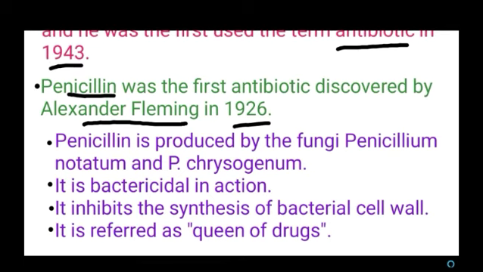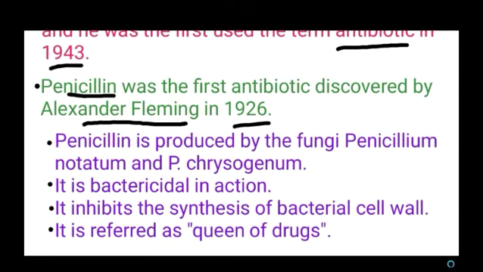How did he discover this antibiotic? When he was working with Staphylococci bacteria, he found a green mold growing in one of the unwashed plates. Around that green mold, he couldn't see any growth of Staphylococci bacteria. So he examined the plate.